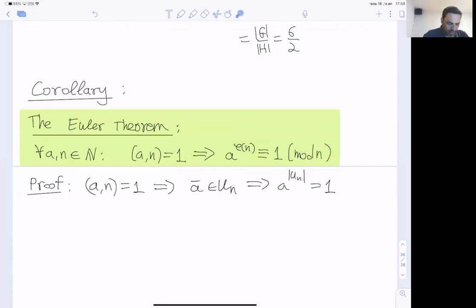A bar is, originally, any element is infinite numbers. So when we say A bar, we mean the class of infinite numbers, all of them with the same remainder modulo n. Cool. So little n is a representative in this infinite set.